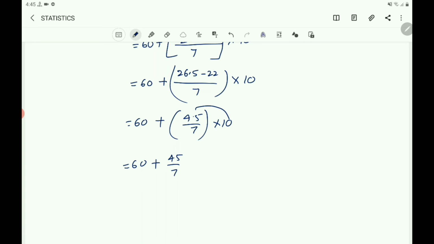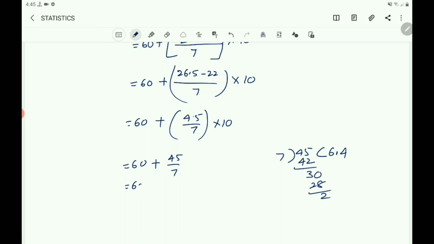Then you divide 45 by 7. 7 6s are 42, then you will get 6, point, you put, 7 4s are 28, so 2 is the remainder.